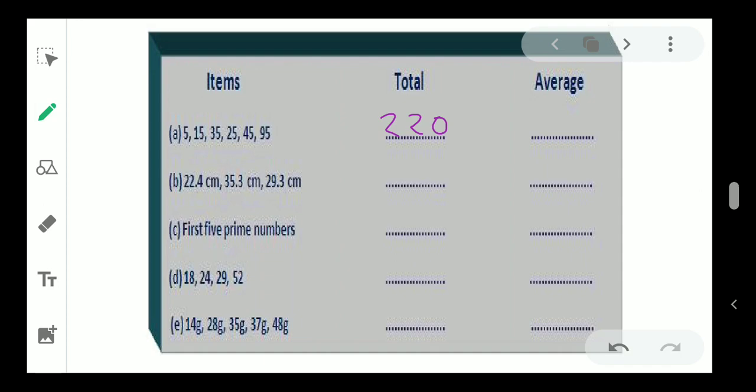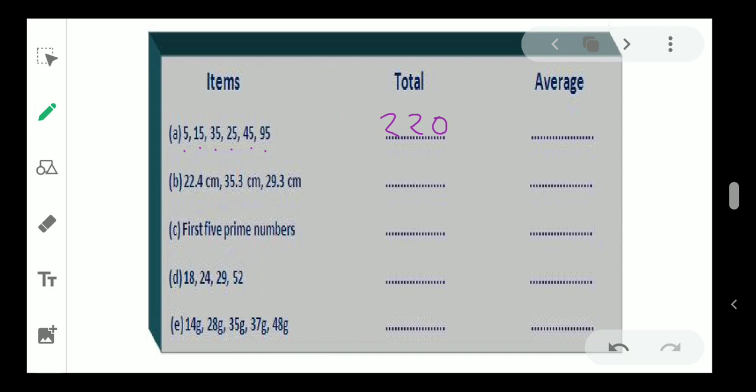So how many data do we have here? 1, 2, 3, 4, 5 and 6. So 6 numbers are there. So we have to divide 220 by 6, and whatever we get will be our result.